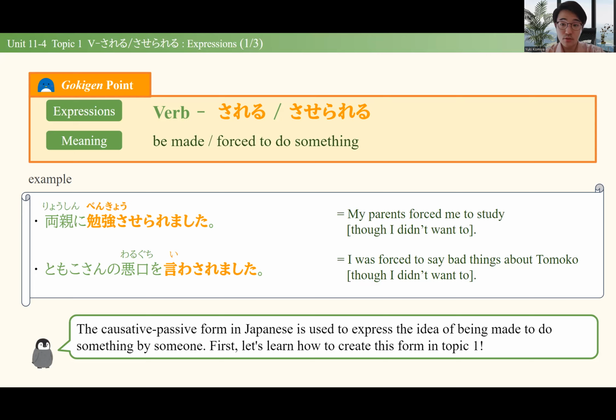I was forced to study, even though I didn't want to. ともこさんの悪口を言わされました。言わされる, made to say, forced to say something bad about Tomoko, though I didn't want to do it. So just the idea of being forced to do something, that's what we want to deal with today.